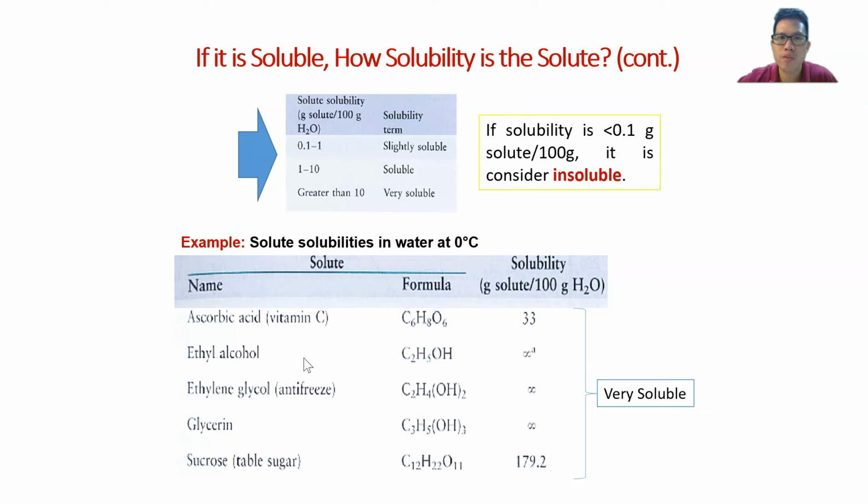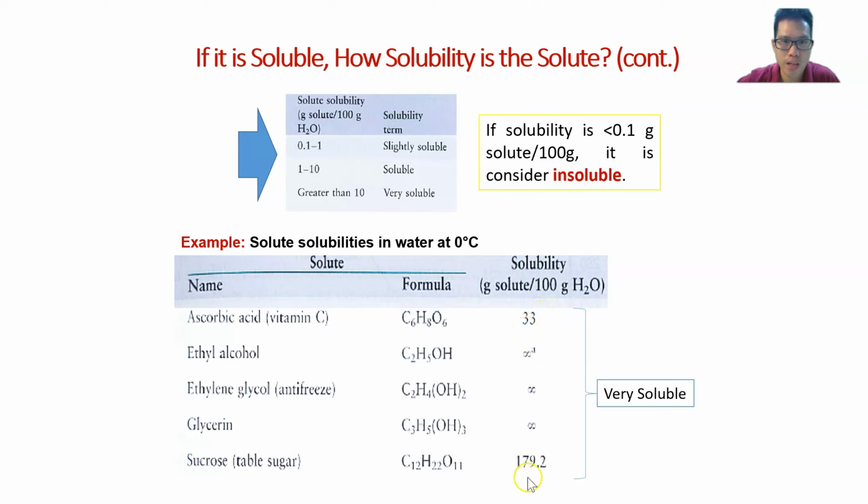So you need to check that as well, because if you go beyond the amount that you put into the solvent, then it cannot be dissolved anymore. In the case of ascorbic acid, the solubility is 33 grams of ascorbic acid in 100 grams of water. That's quite a lot actually, 33 grams in 100 grams of water.